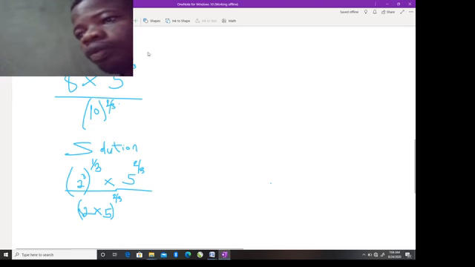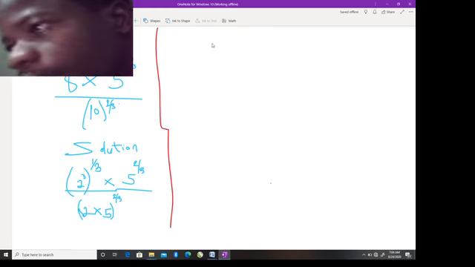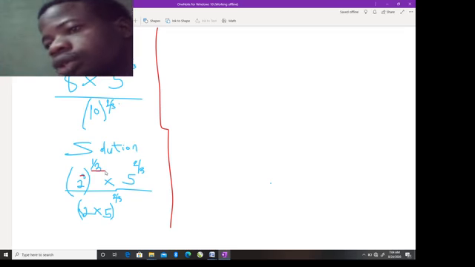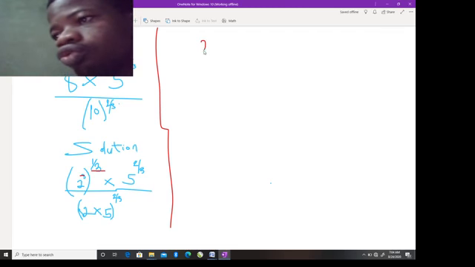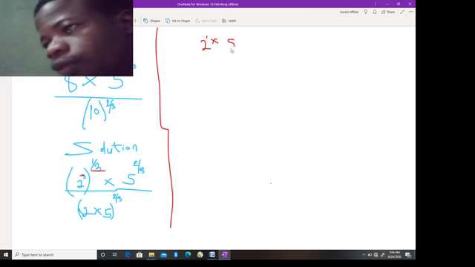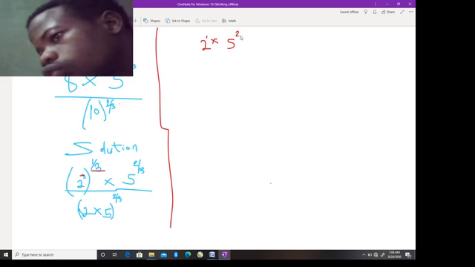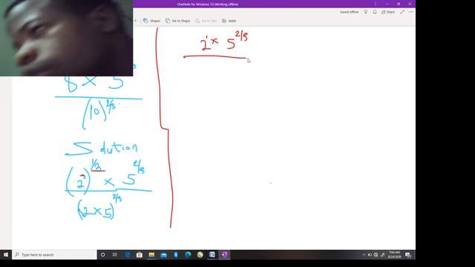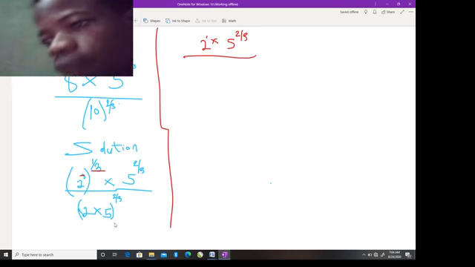So what do we have? We have this and this to cancel out. You see that? So you are going to be having 2 raised to power 1, which is 2, then times 5 raised to power 2 upon 3, and your division comes. Don't forget, this one is carrying power.